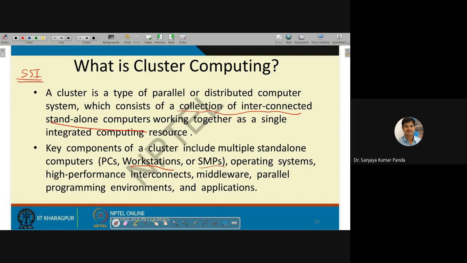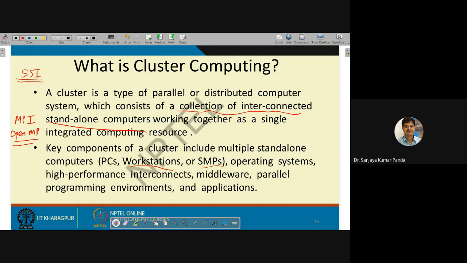For example, symmetric multiprocessors, or workstations, and you can also connect multiple operating systems, high performance interconnects, middleware, and parallel programming environments like MPI, the message passing interface, or OpenMP. These are all parallel programming tools or frameworks that you have to use in the cluster. So these are some of the major components of our cluster computing systems.